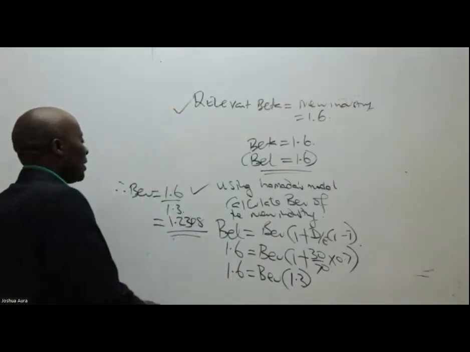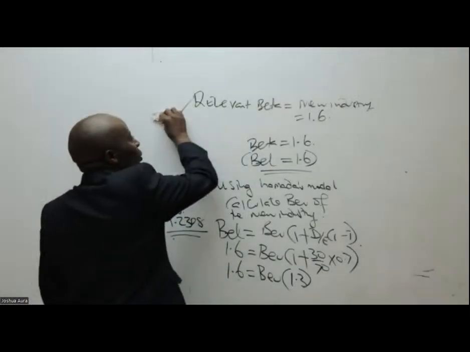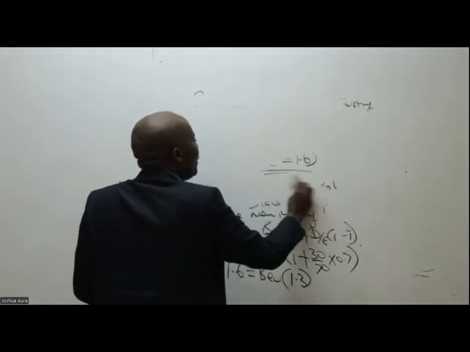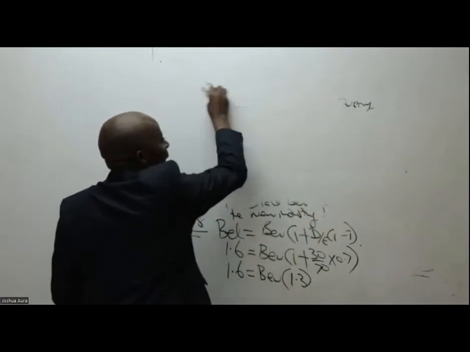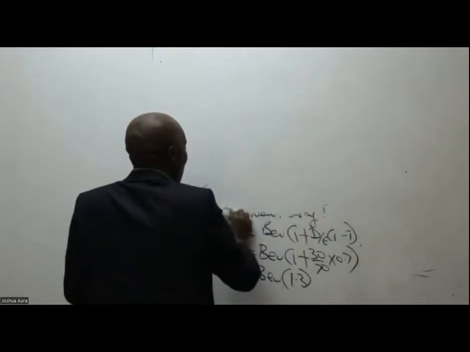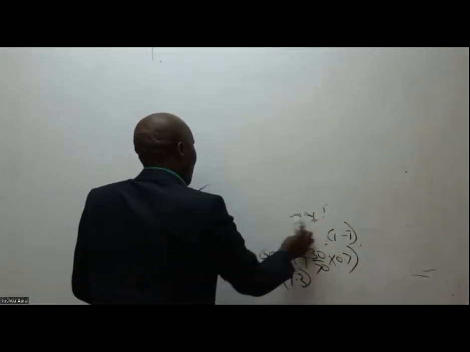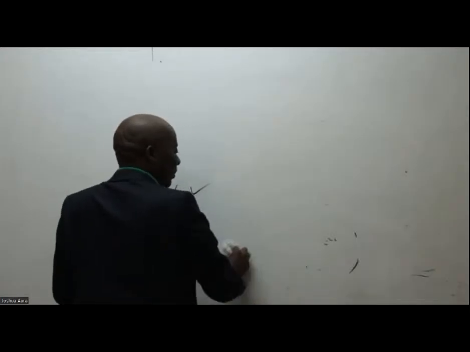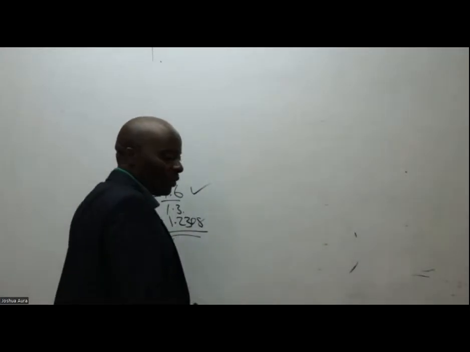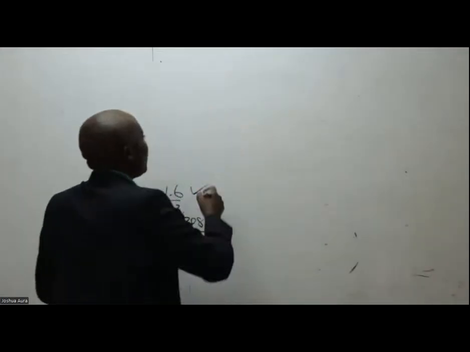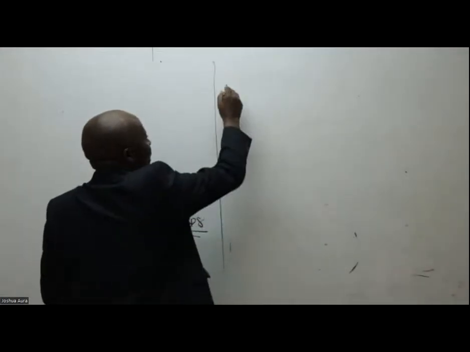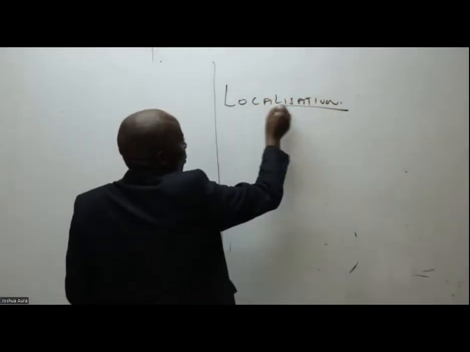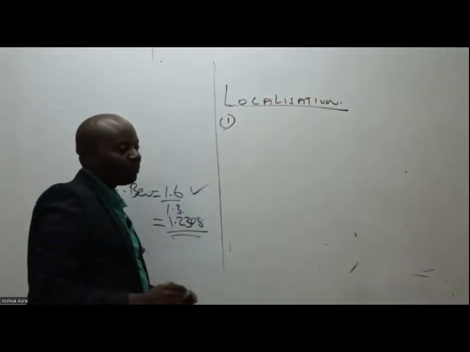So after getting this BEU, now I can apply this BEU of the relevant new industry to the various scenarios given. Now this becomes very easy for me. What I'm doing now is the localization, starting with number 1.